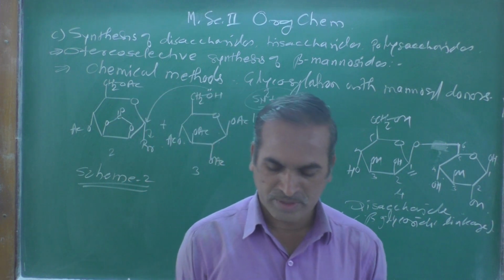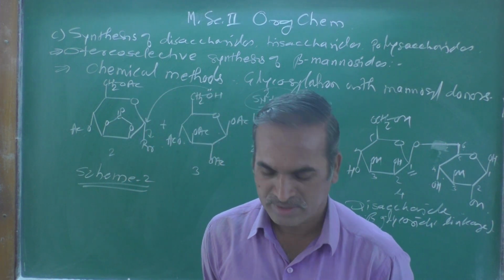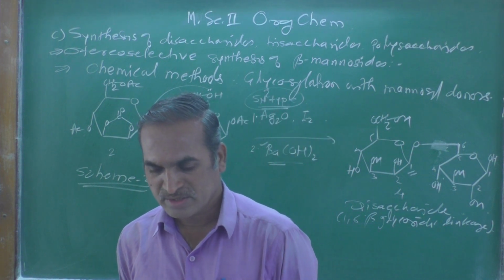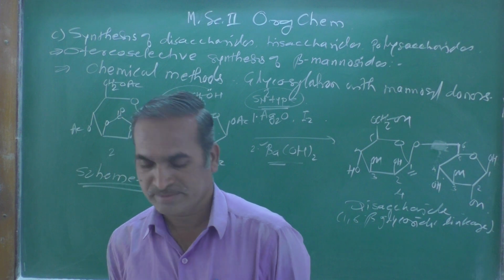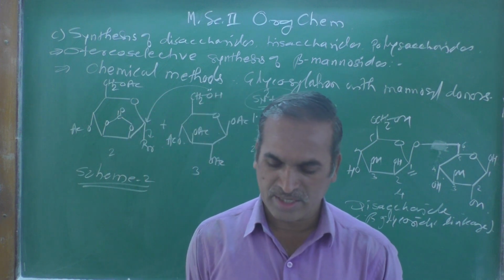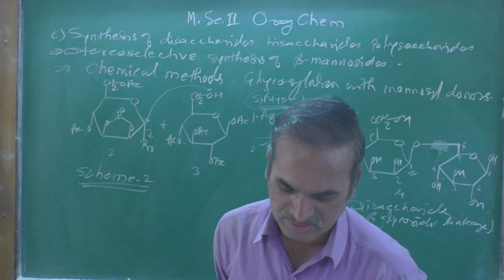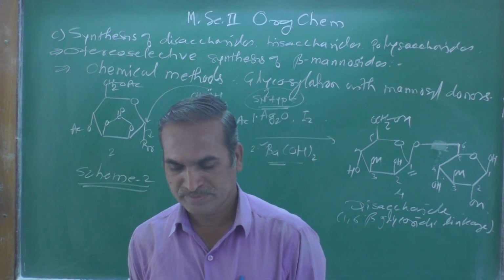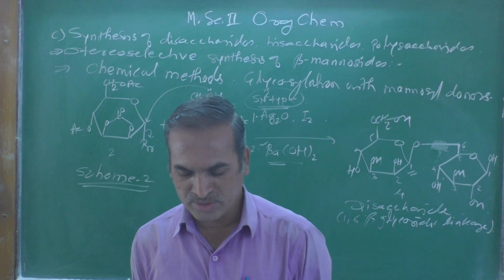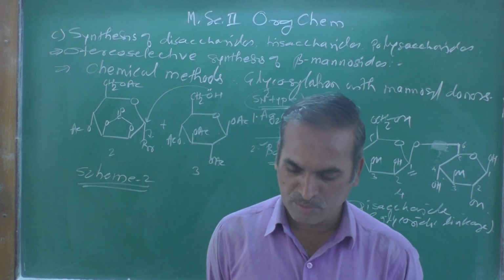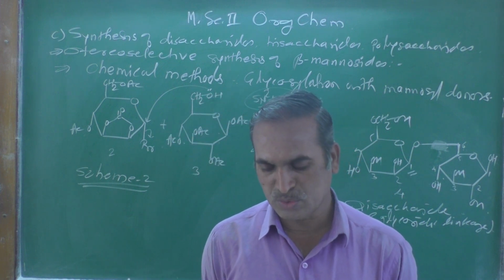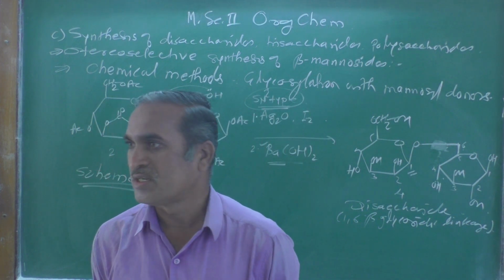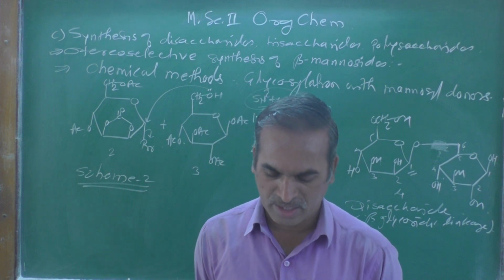The use of silver carbonate as the promoter has been successful for beta selective condensation between the O-benzylated donor 5 and the reactive non-carbonate primary alcohol 6 to give 7, which is represented in scheme number 3.